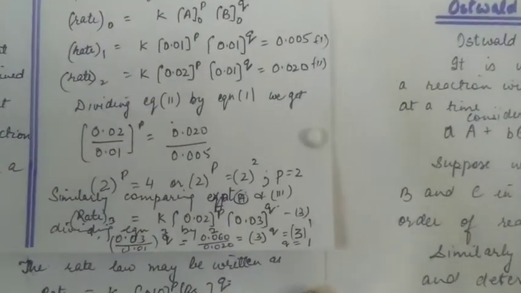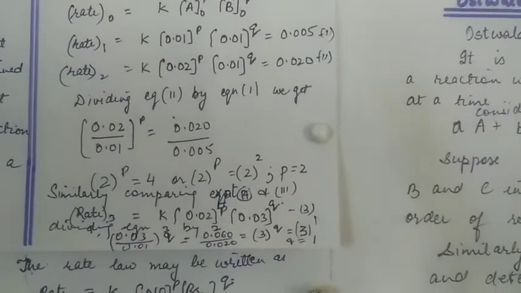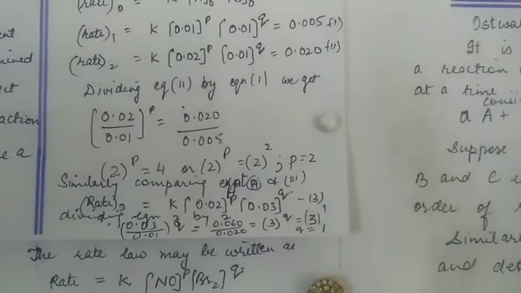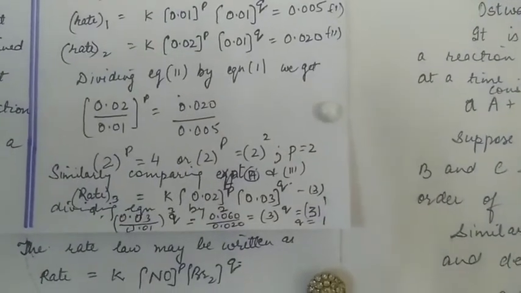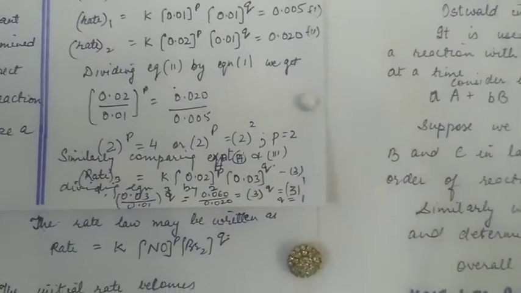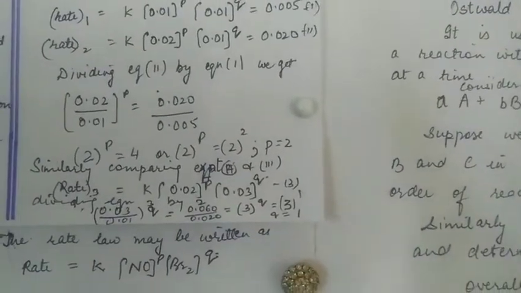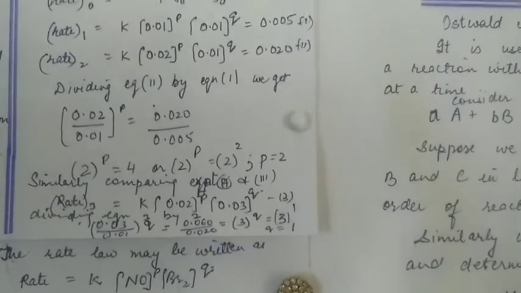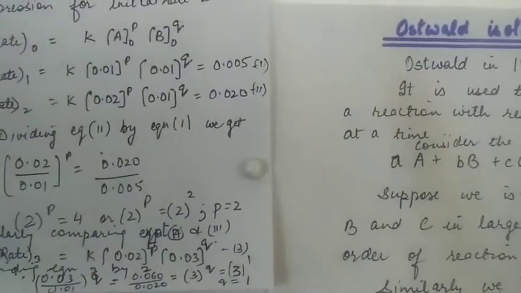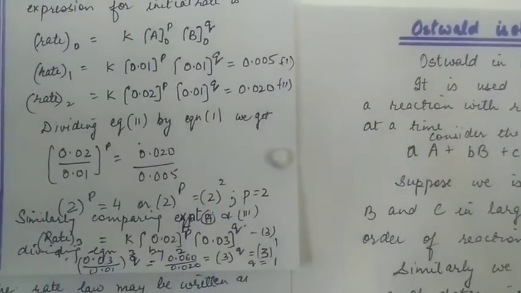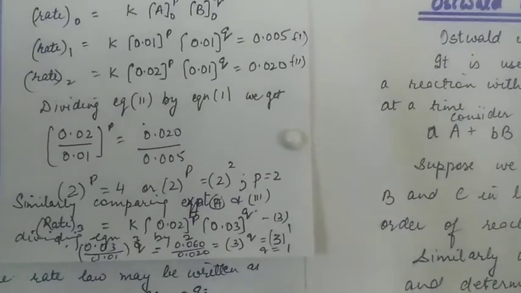And we will divide equation 2 by equation 1. So we get (0.02 upon 0.01) raised to power P is equal to 0.020 upon 0.005. The reactant B cancels out because the values are same.